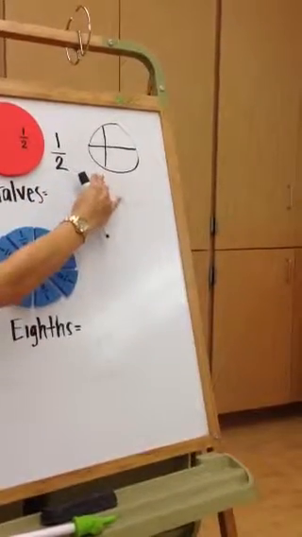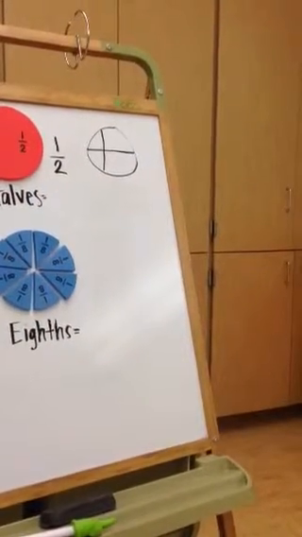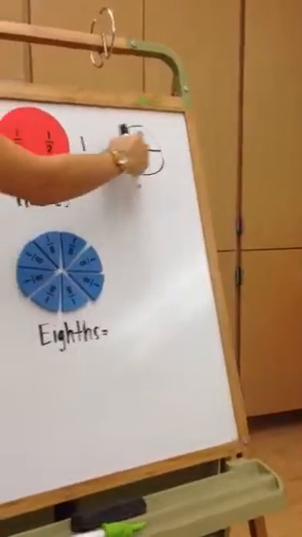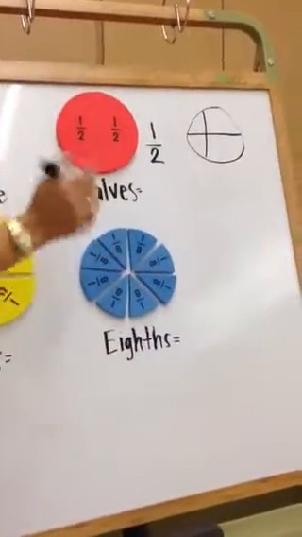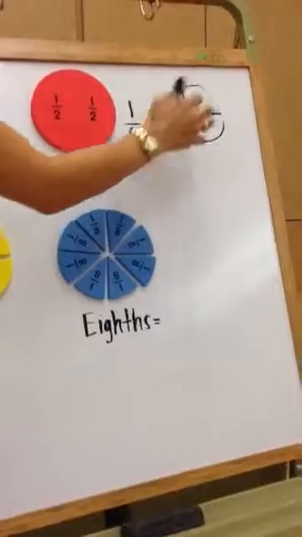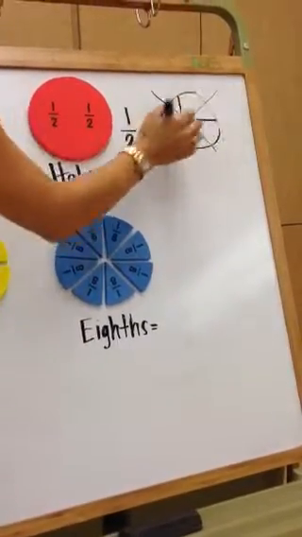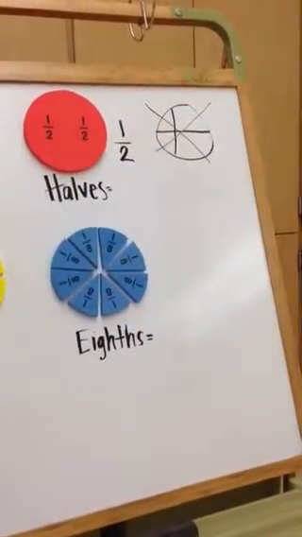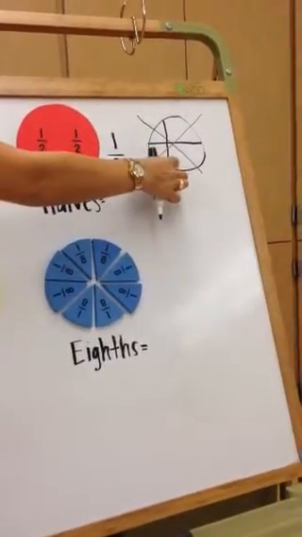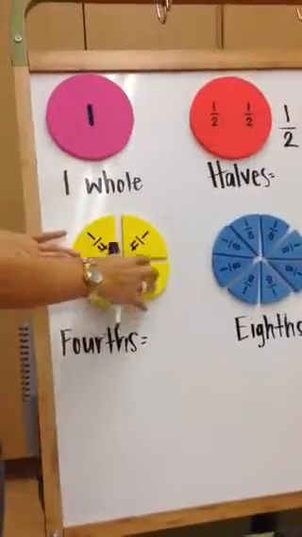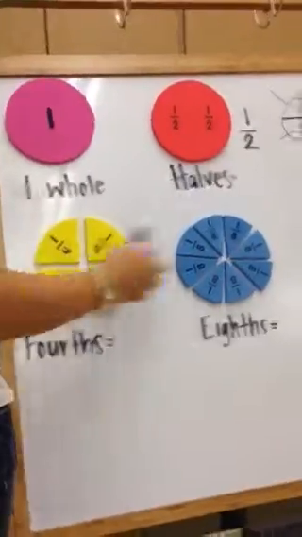Now, would this be considered a fraction? There's 1, 2, 3, 4. Yes, there are 4 parts, but this would not be a fraction because these are not equal parts. Okay, so that would not be an example. This would be an example of a fraction.